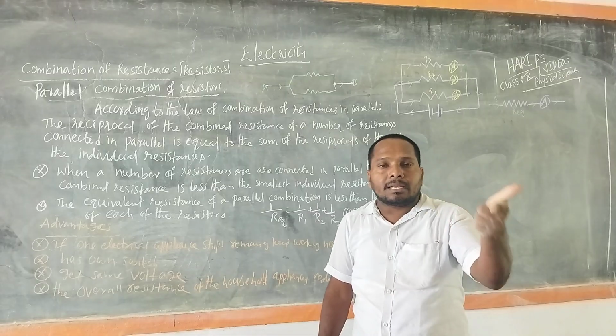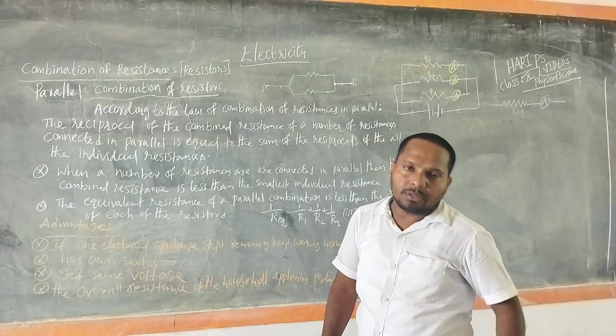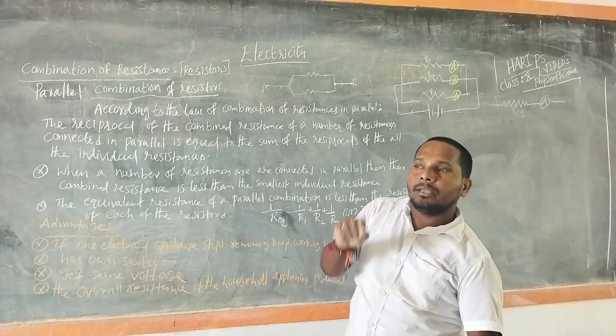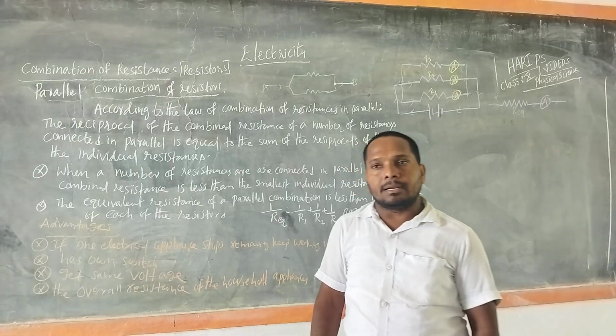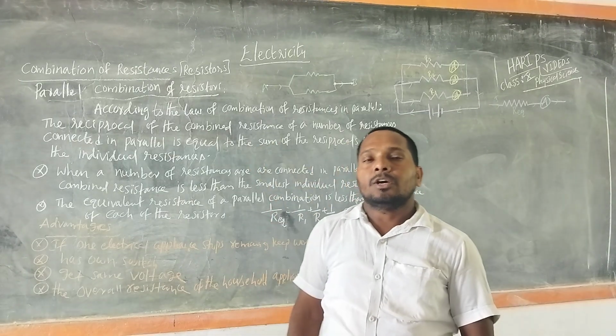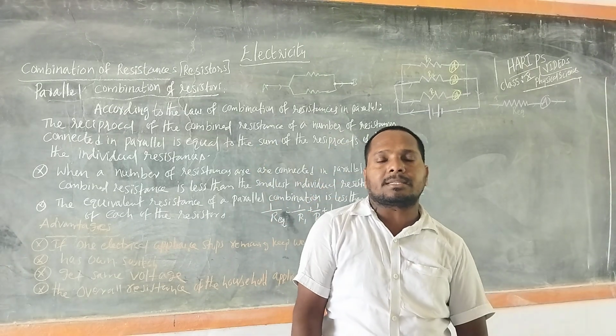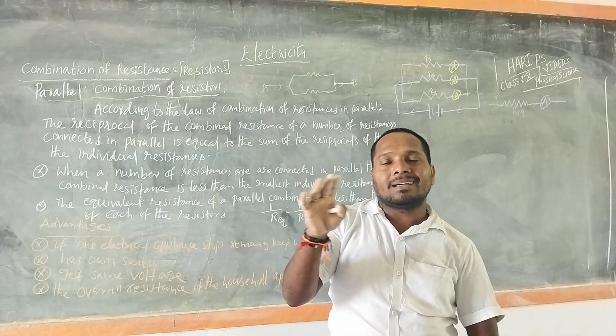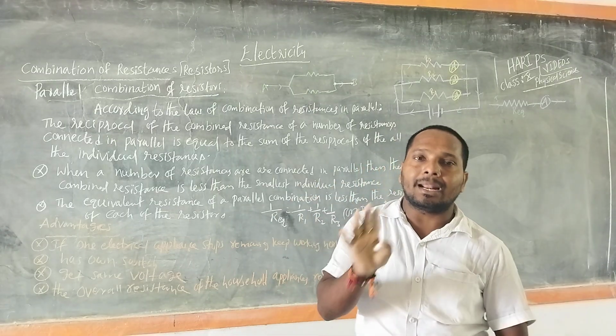To increase the resistance in a circuit, we connect the resistors in series. To reduce the resistance in a circuit, the resistors are connected in parallel.